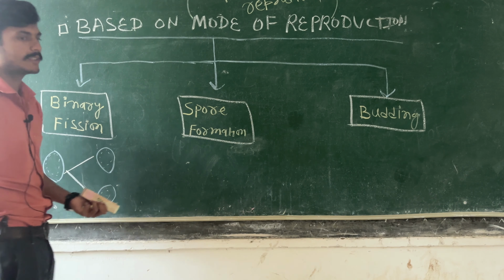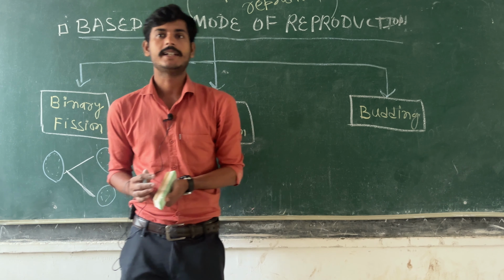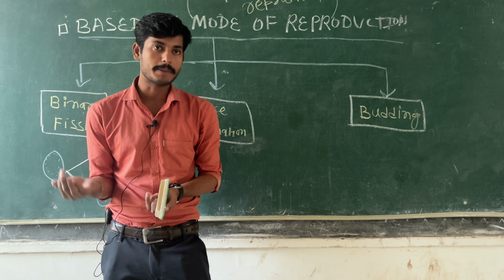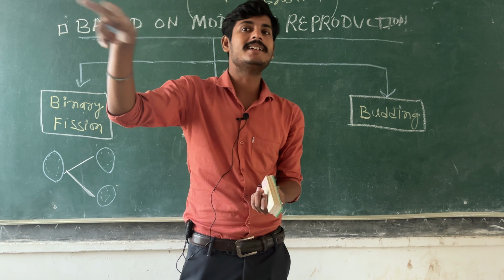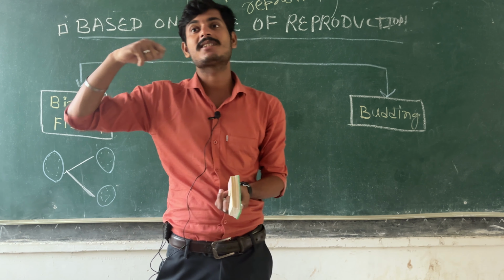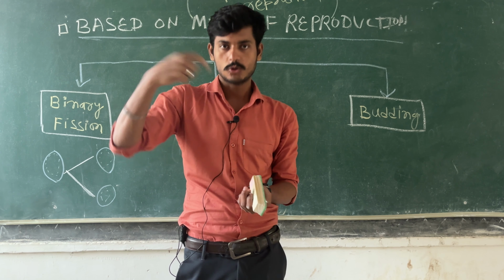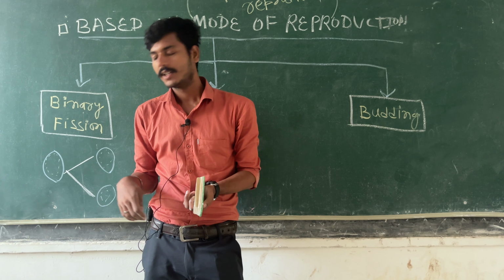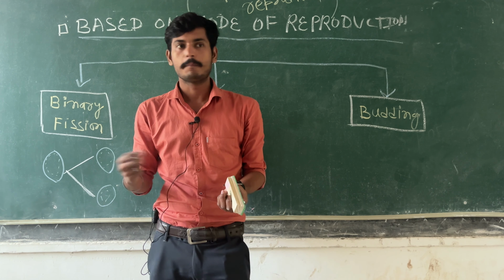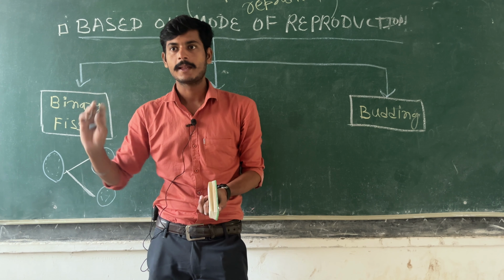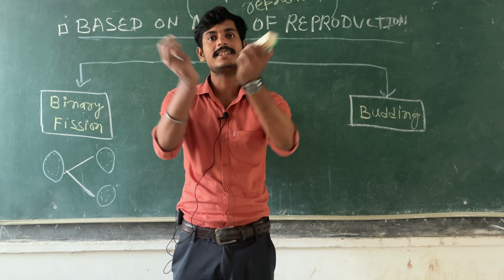The mechanism of binary fission is that bacteria first take in nutrition. It depends: if the bacteria are saprophytic, they depend on dead decaying matter; if the bacteria are parasitic, they depend on human blood or human nutrients. So it depends upon the mode of taking nutrition. Bacteria will get their nutrition.